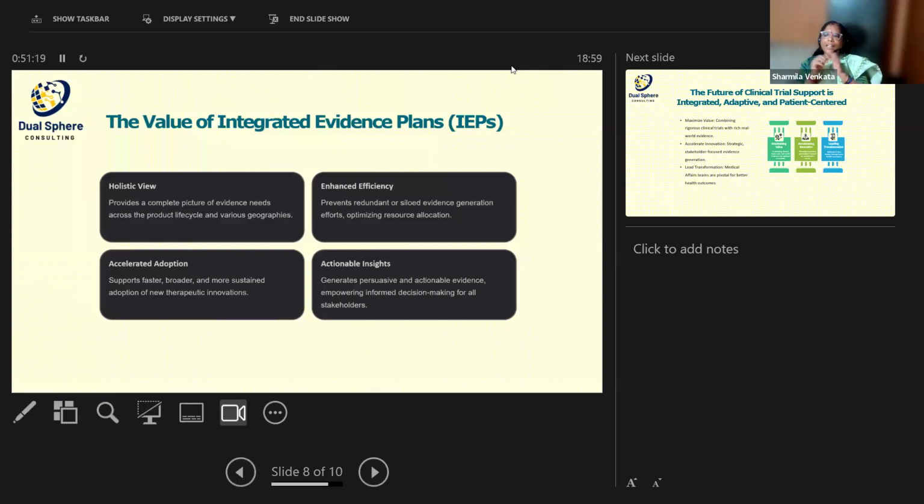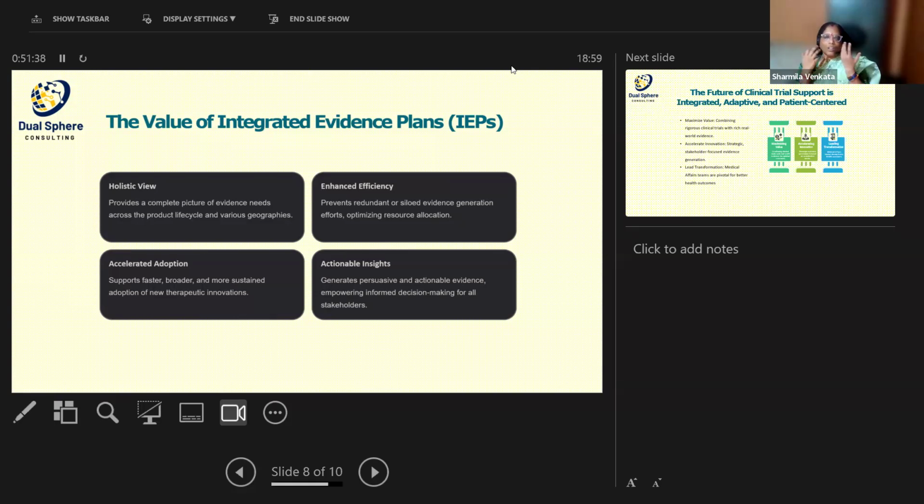For example, trial safety and efficacy data could be analyzed for regulatory submissions and also modeled for cost effectiveness for payers. Another example is an oncology case.